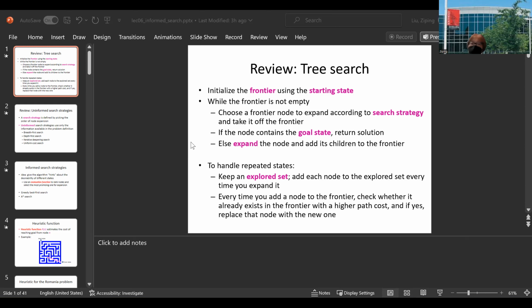How do we handle repeated states? We keep an explored set. You add a node to the explored set every time you expand it. If the node is already in the explored set, then you don't add it to the frontier anymore because you already expanded it.